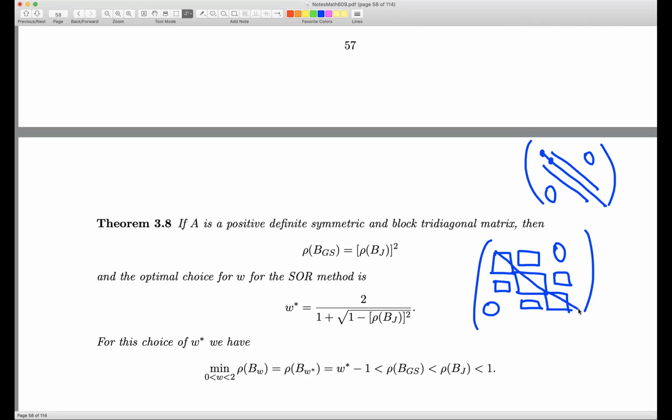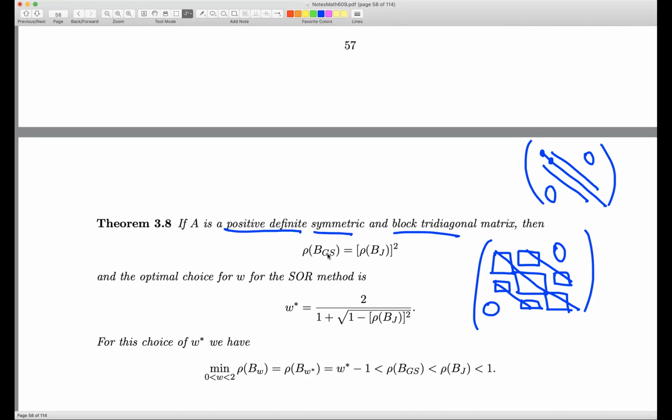You have blocks on the main diagonal, blocks above the main diagonal, and blocks below the main diagonal. And everywhere outside of these blocks, you have 0. So if a matrix is positive definite, symmetric and block tridiagonal, then several things are true.